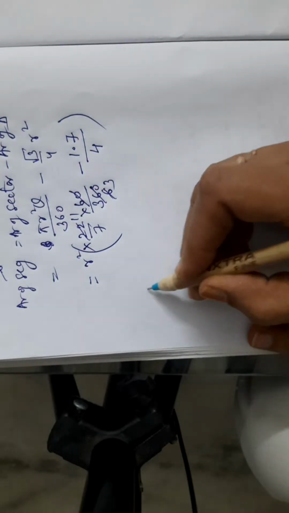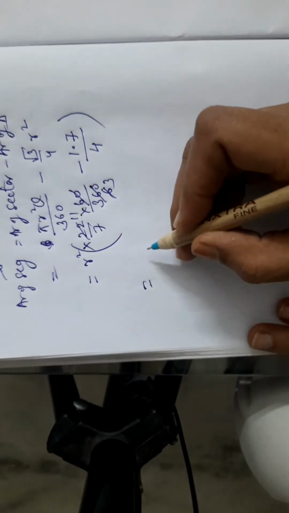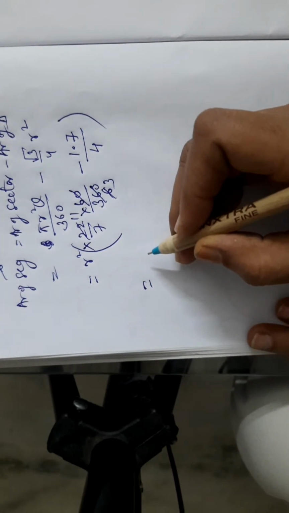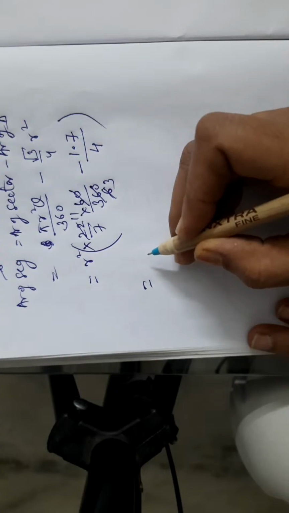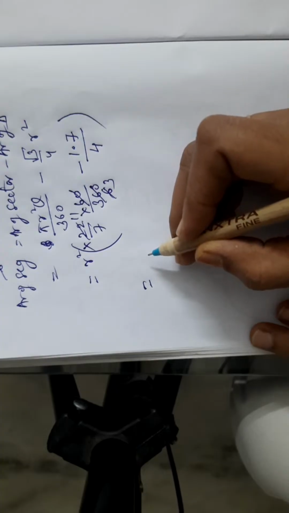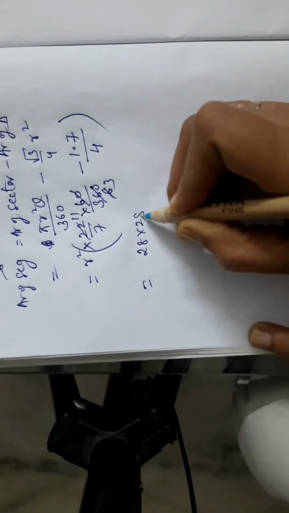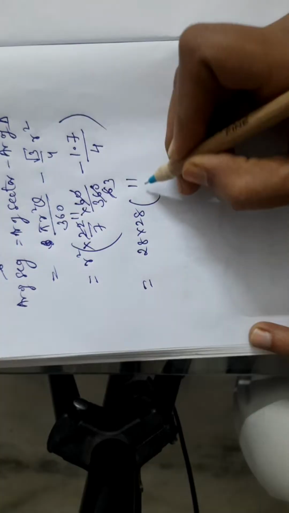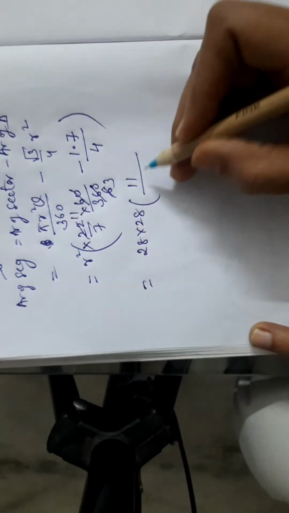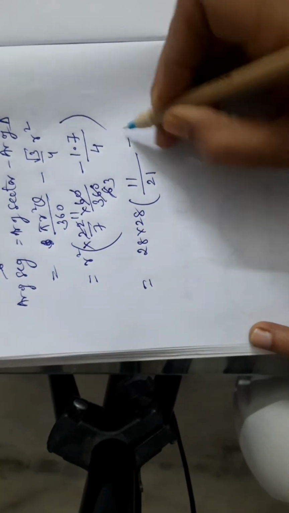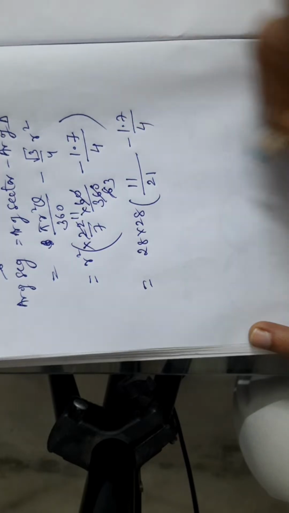So once again writing all the values. Radius, 6 equal designs. The radius of the cover is given as 28. 11 upon 7 3s are 21 minus 1.7 upon 4.